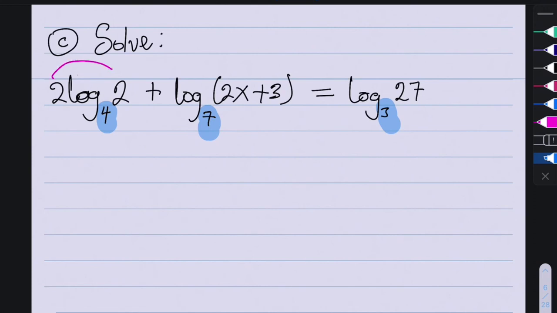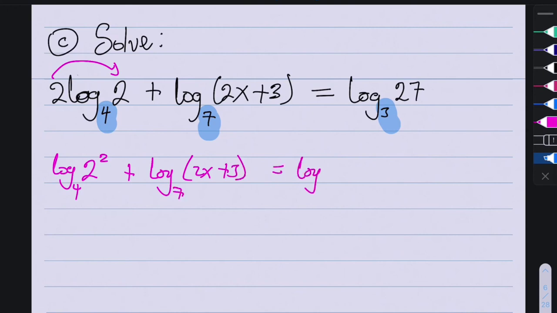You know, I can reverse this 2 to come back. So that would become log 2 square base 4, right? Plus log 2x plus 3 base 7 is equal to log. Now, this 27 is 3 to the power 3, right? Base 3. Okay, cool.